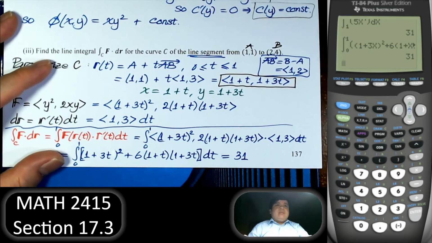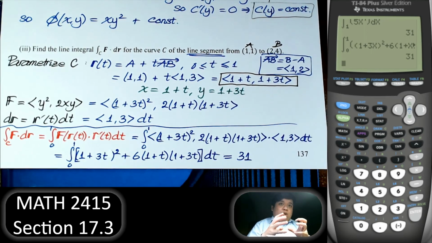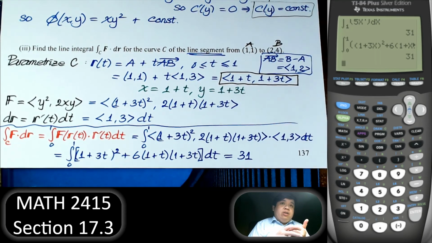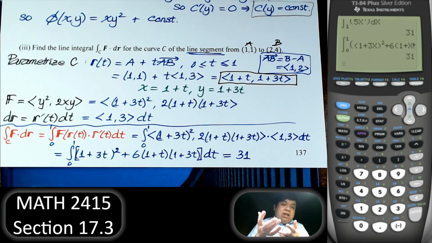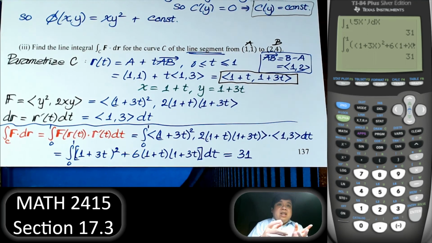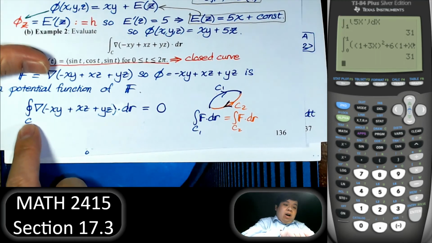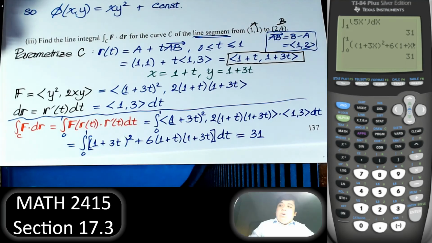So I hope in this last example you see the connection between them. Once again, if there's a potential function, then it's conservative and there's independence of path. And also if it is independent of path, the integral around a closed curve is equal to 0.